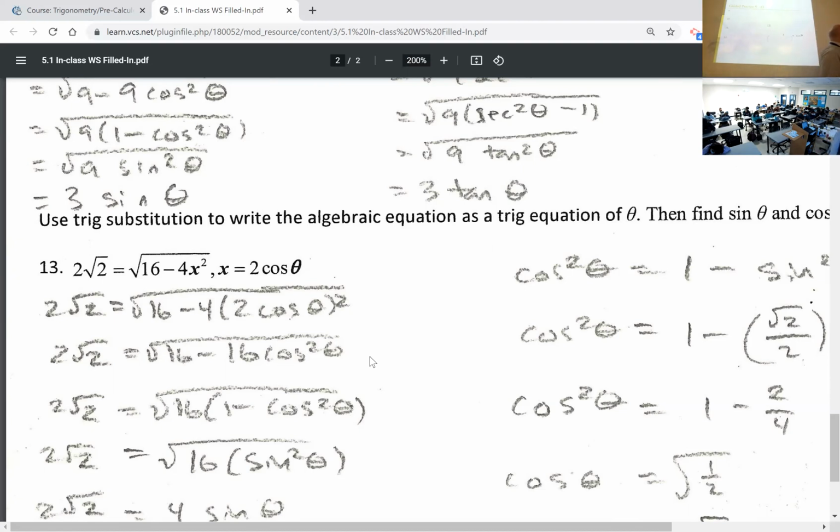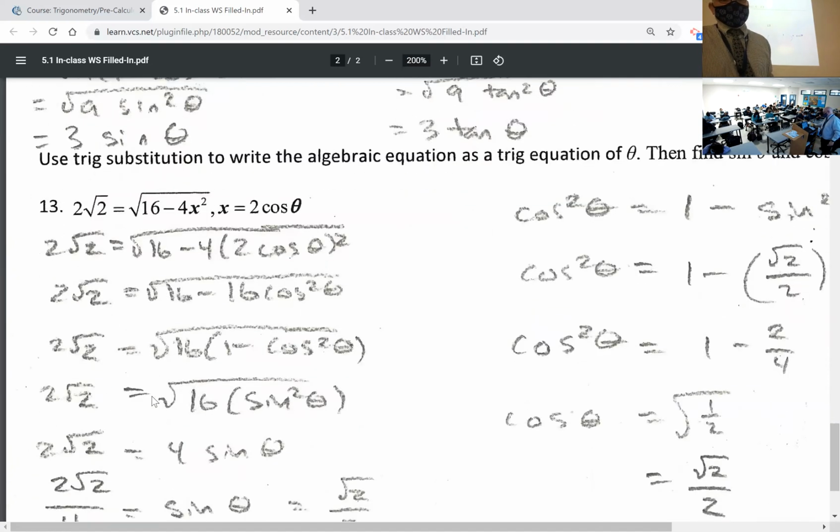So this is similar to what we were doing before. I'm just going to leave the 2 root 2 on the left side. I'm going to simplify this: 16 minus 16 cosine squared, factor out the 16. Square root of 16 times 1 minus cosine squared, that's sine squared. So we've got 2 root 2 is equal to 4 sine of theta.